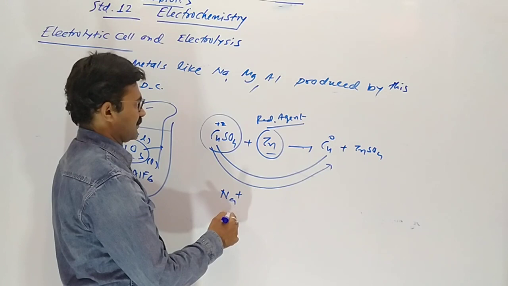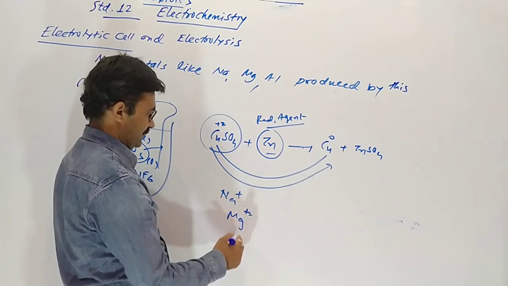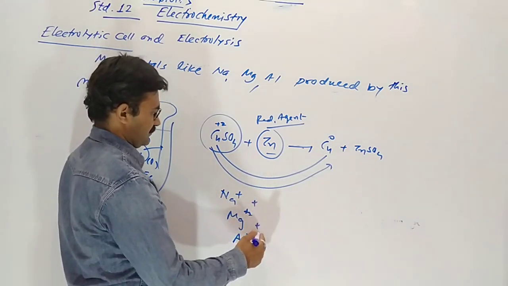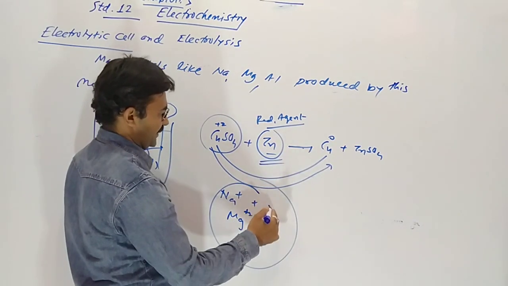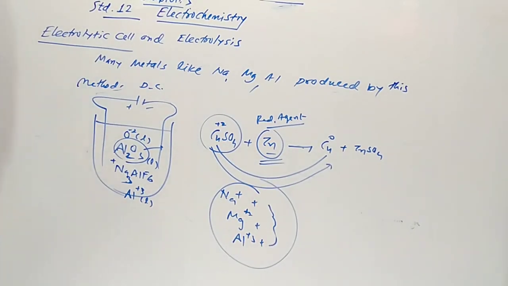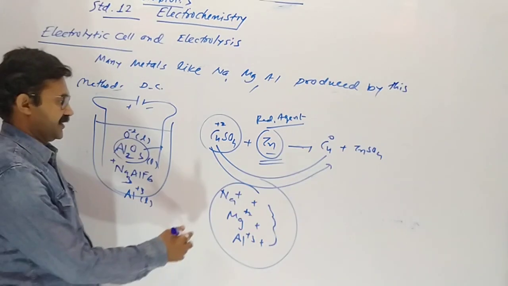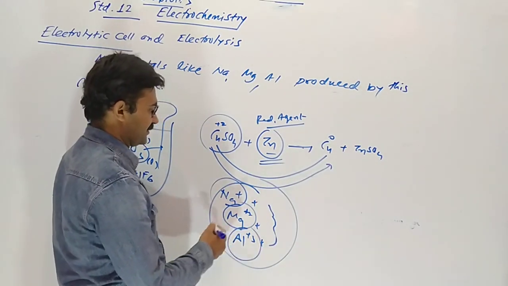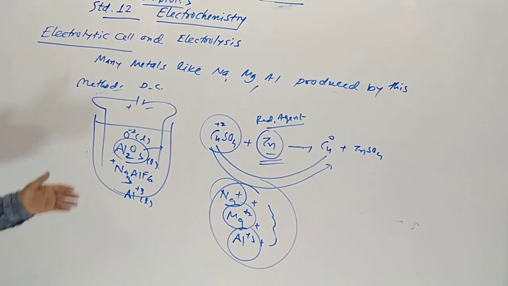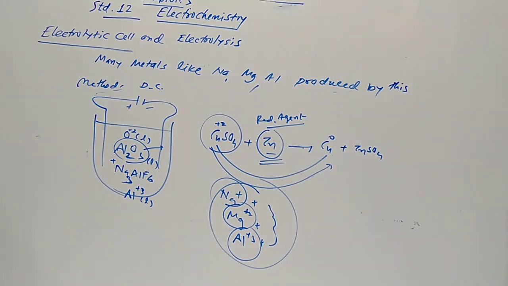But for the reduction of sodium, magnesium and aluminium, a proper reducing agent is not present. Why? There is no reducing agent that can reduce these. So compulsorily we use electric current, which accurately reduces, and we get pure metal at the cathode.